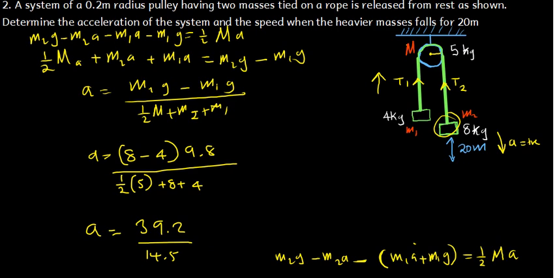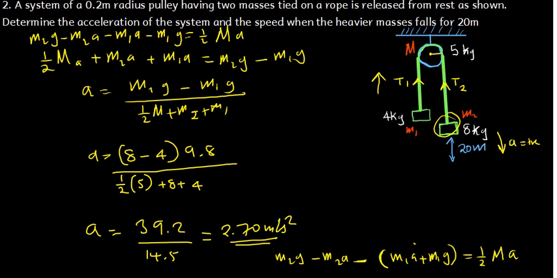M2, that is 8 minus 4, which is 4, multiplied by G, which is 9.8, that is 39.2, divided by 2.5, which is 5 over 2. Okay, so it is 39.2 divided by 14.5, and that is going to give us 2.70 meters per second squared. That is going to be the acceleration.